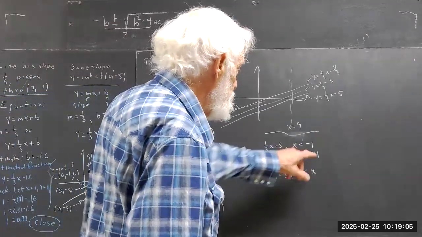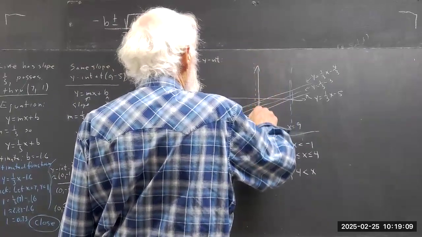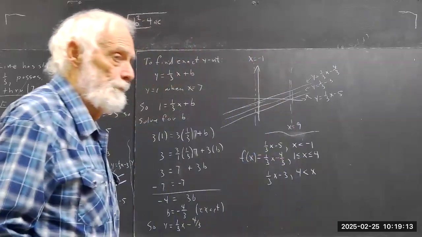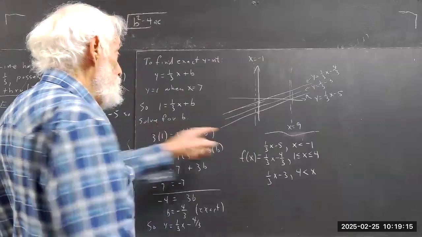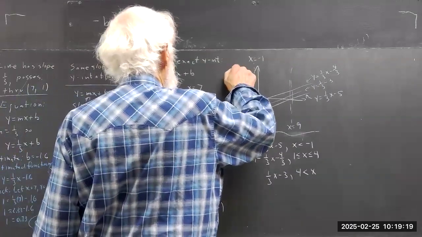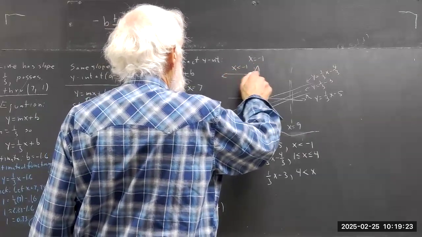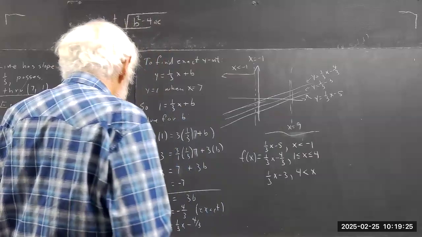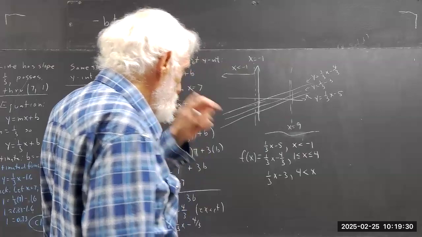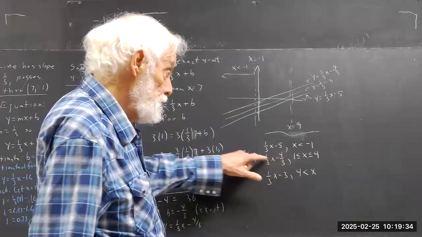If x is less than -1, well, I'll go ahead and draw a line here for x equals -1. Here's x equals -1. Okay. x is less than -1 to the left of this, right? Yeah. So x is less than -1 is from this line all the way to the left. Well, if x is less than -1, this says I follow the graph of 1/3 x minus 5. That's what it's saying here.